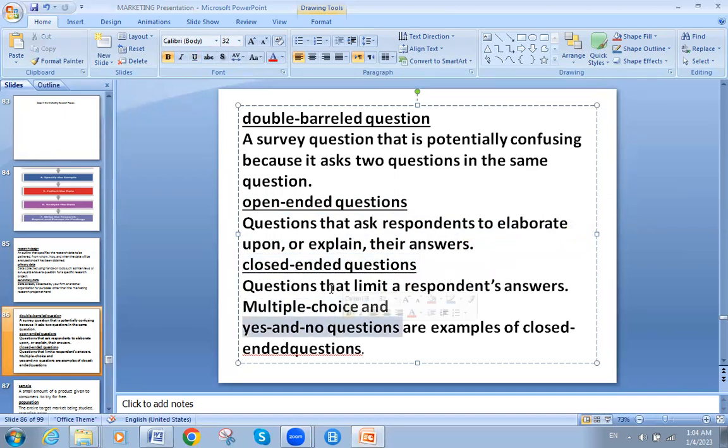Also yes and no questions are a very good example of closed questions because you give him only two answers, yes or no, the door is open or not open. But you didn't tell him to describe the door or what you don't like in it.